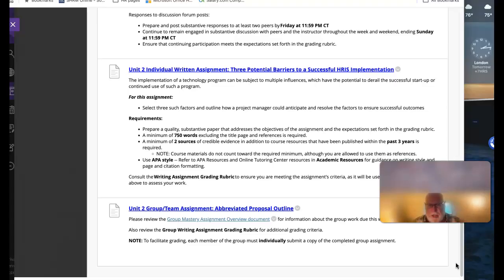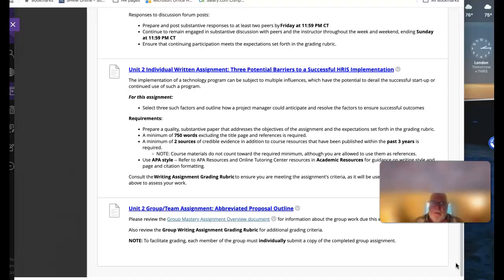You can bullet point it out, or you can put it into a 2 or 3 paragraph document that talks about how our team is going to implement, maybe, a time and labor system, because that's what I'm implementing right now, and here's why we're going to do it. Just very brief bullet point stuff. I don't think you've got to go in depth, because in Unit 4, you're going to spell that out in depth and with a lot more detail.